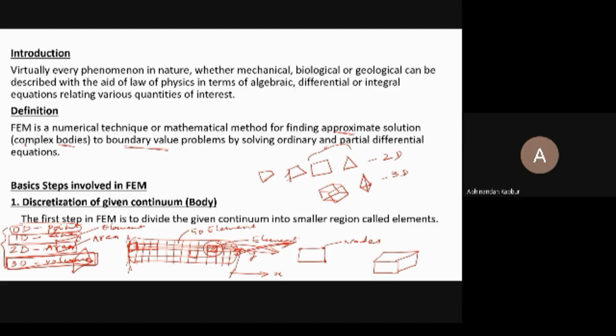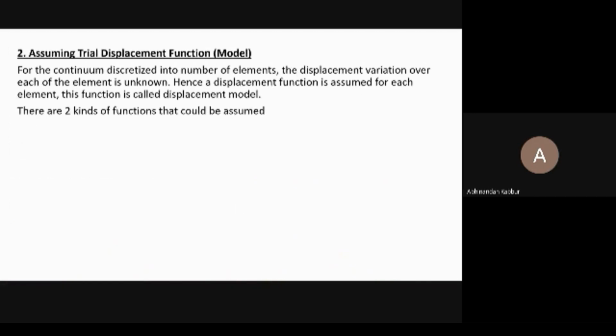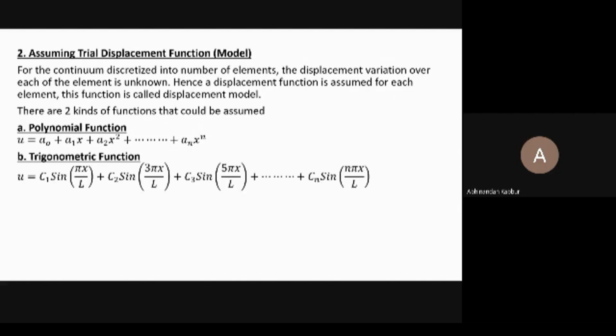See here, let us consider this is my first element, this is my second element, this is my third element, this is my fourth element, and so on. Let us say this is my 50th element. So for each element, I will assume a displacement function, either in terms of a polynomial function or a trigonometric function.